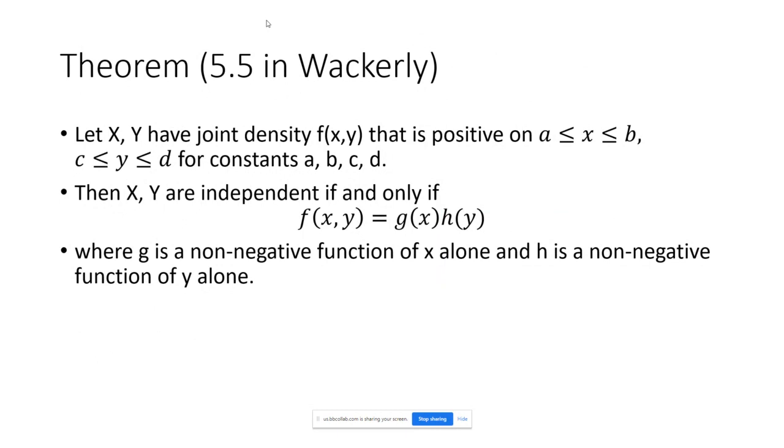So that problem is actually an example of a theorem, theorem 5.5 in Wackerly, that says let x and y be continuous random variables with joint density f of x comma y that is positive when x is between two constants a and b, and when y is between two constants c and d.